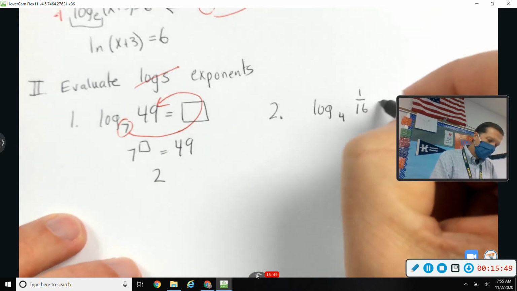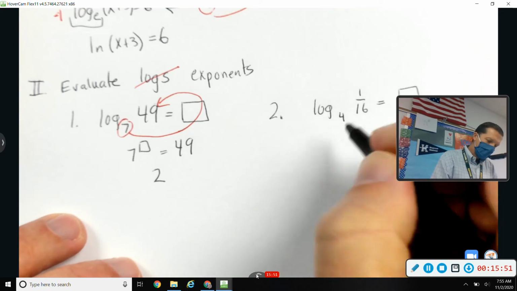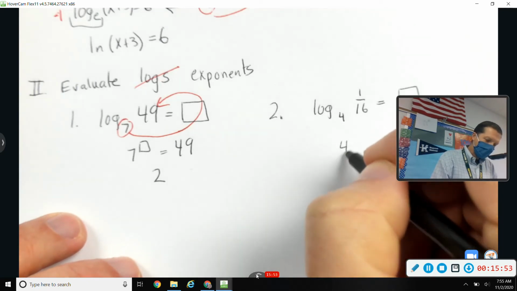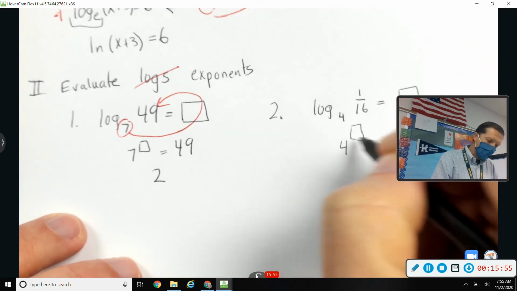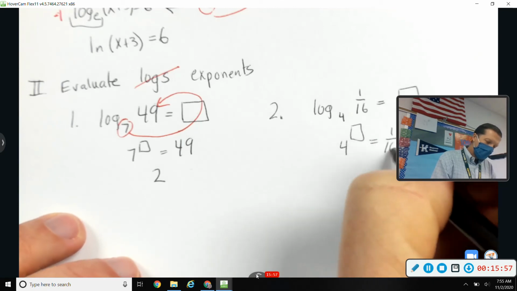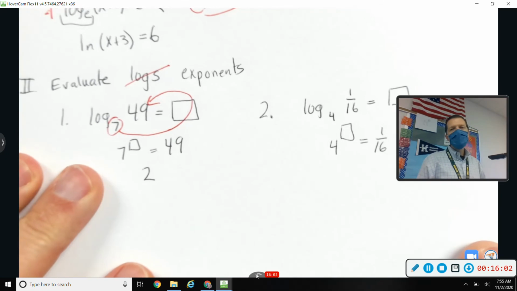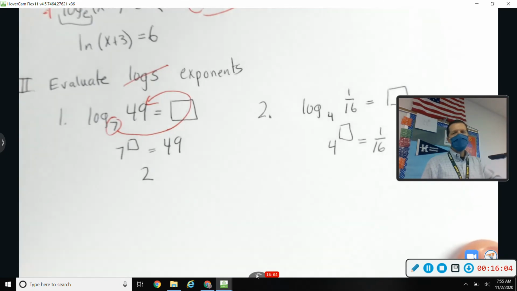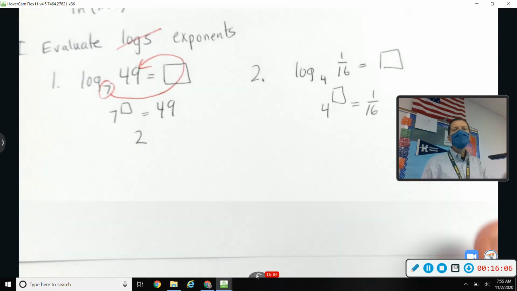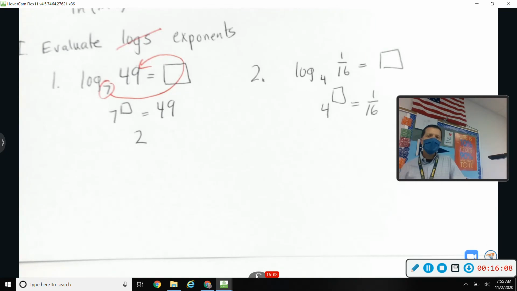Log base 4 of 1/16. Well, that one's a little bit harder, so I would probably want to write that one out. So 4 to the something equals 1/16. Why is that thing a fraction?